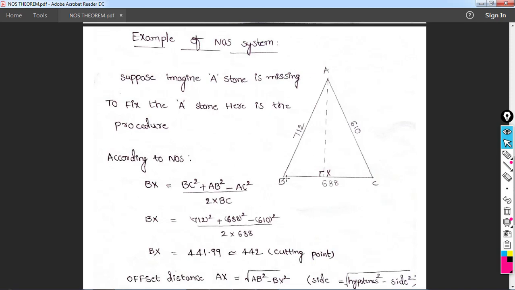BX is equal to BC square plus AB square minus AC square by 2 into BC. By this we can get the BX value.